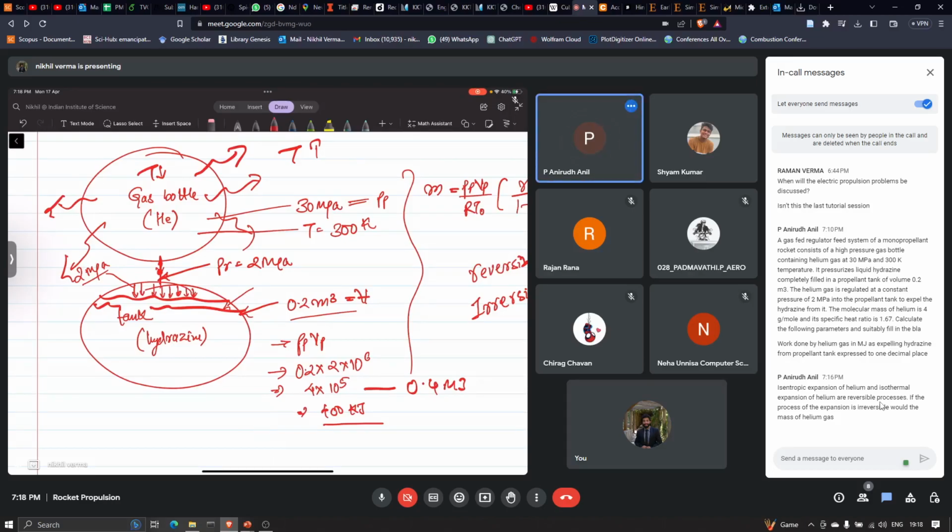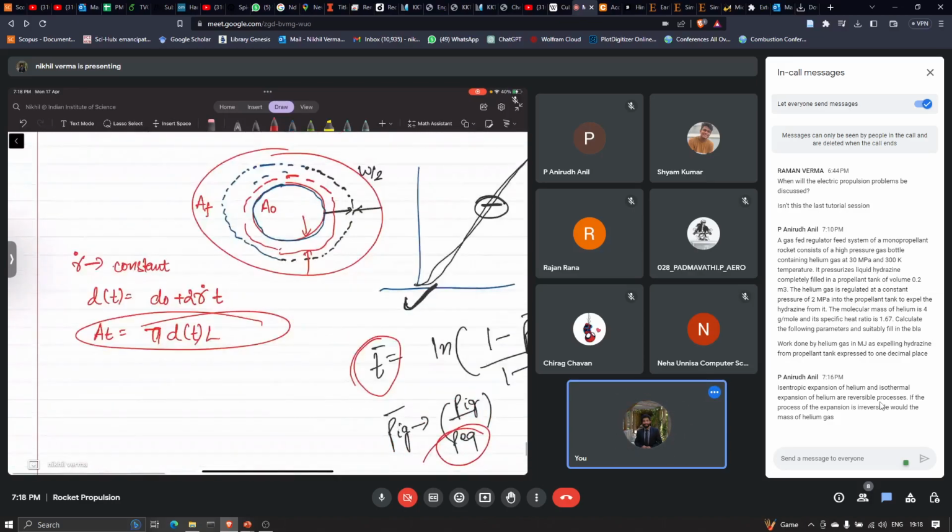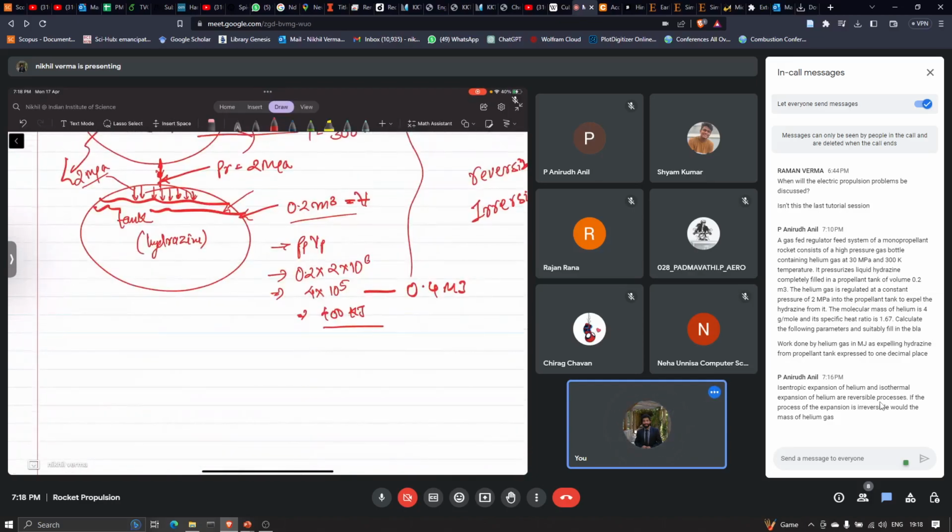Okay, any other doubt? Will the mass of helium be the same or different? Let us think intuitively. If the irreversibilities are more, it depends on the process actually.